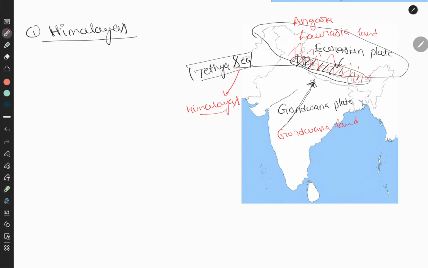This physical movement happened almost 40 to 50 million years ago, and because of this movement the Himalayas were formed. The Himalayas are called the youngest mountains. They are fold mountains.